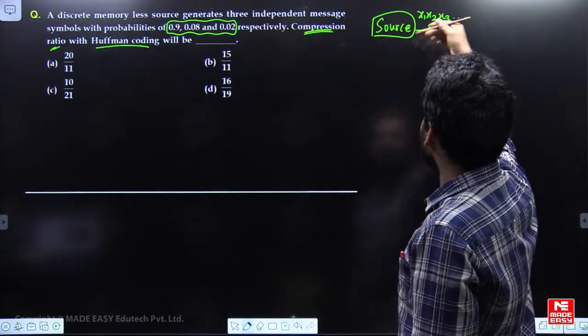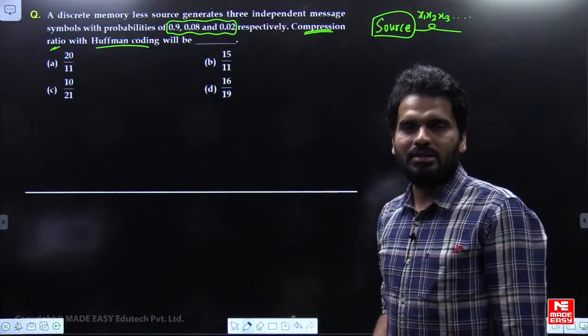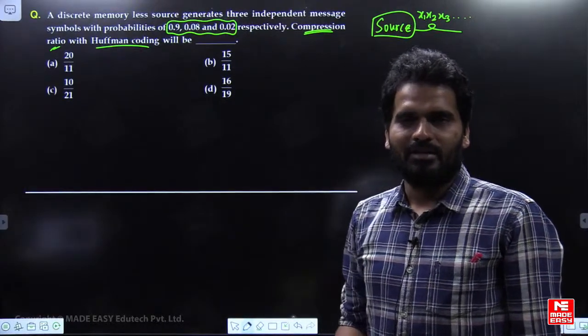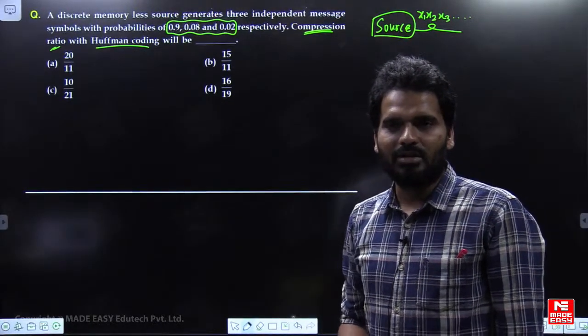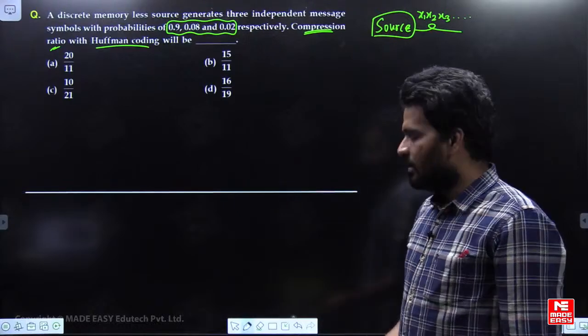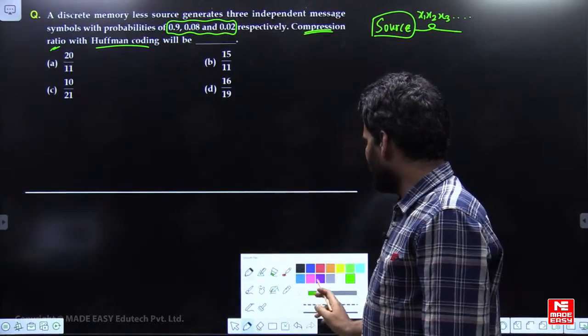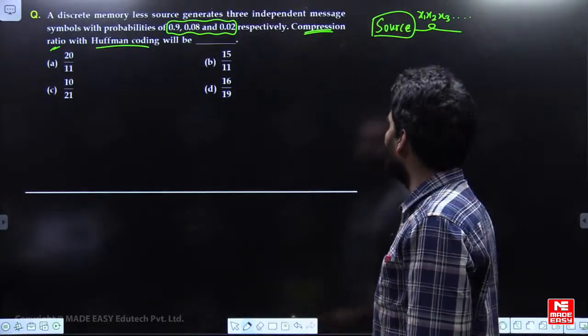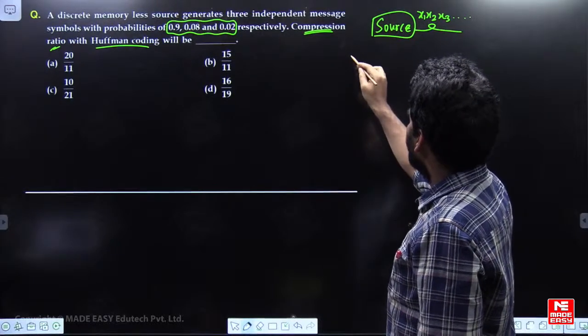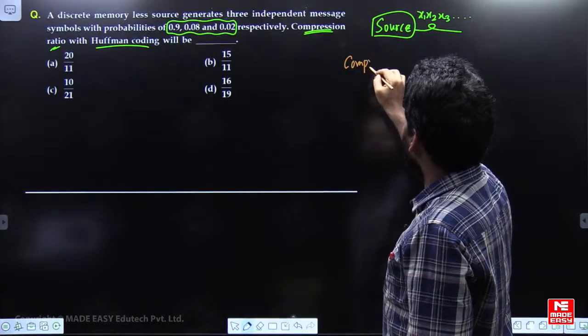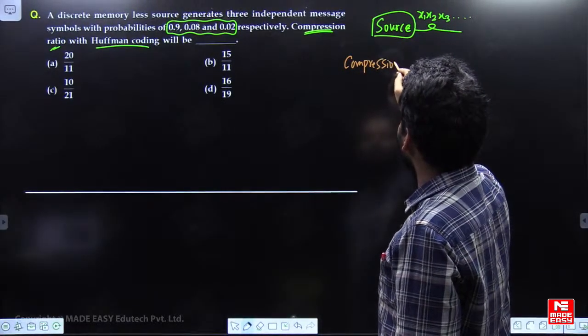To do the coding of the symbols, we take the help of source coding techniques. The famous source coding techniques are Shannon-Fano coding and Huffman coding, and here the coding we have to use is Huffman coding. Now, what is the compression ratio?